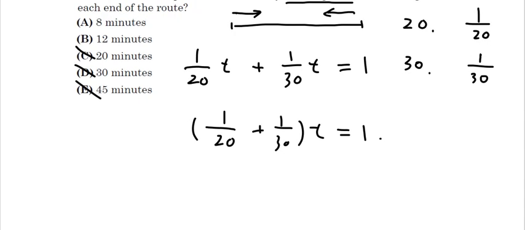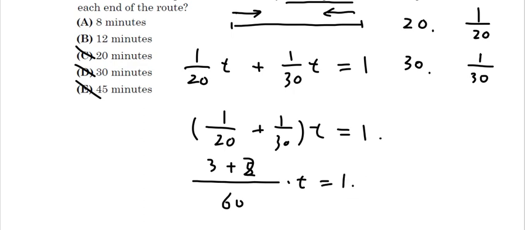So 3 plus, oh, plus 2, I'm sorry. Plus 2, t equal 1. So t equals 60 over 5. So we find this is larger than 10, so this is 12.